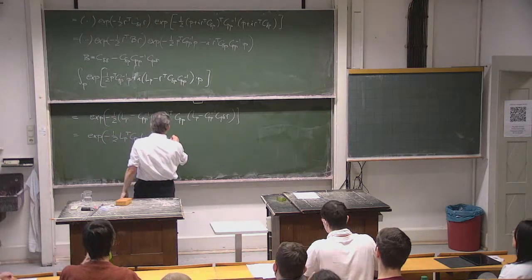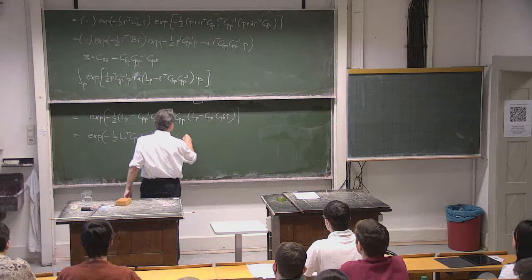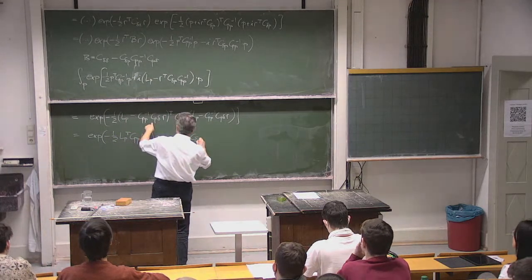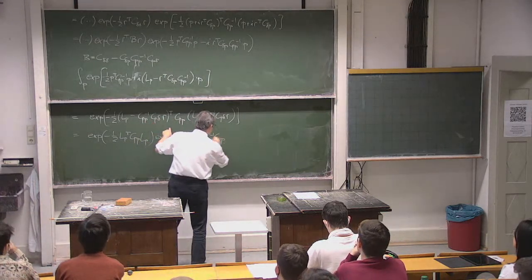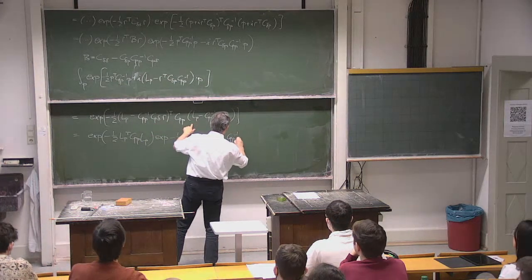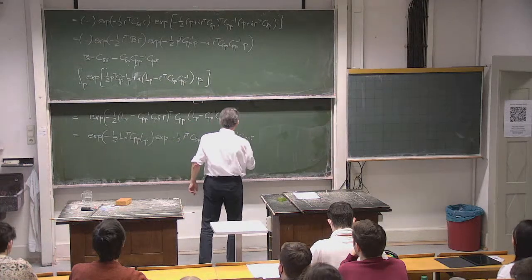So we get an exponential of -1/2. Now these two minus signs combine to a plus sign. Then we have R transpose C delta P, CPP to the -1, CPP to the +1, CPP to the -1, CP delta times R.